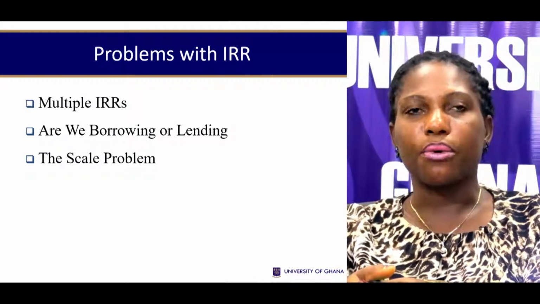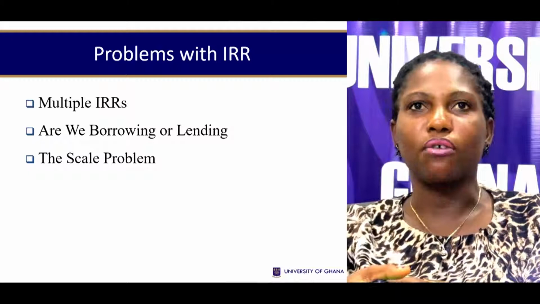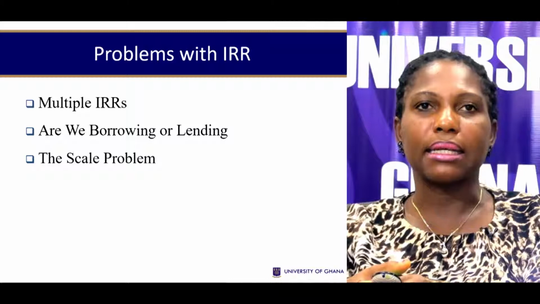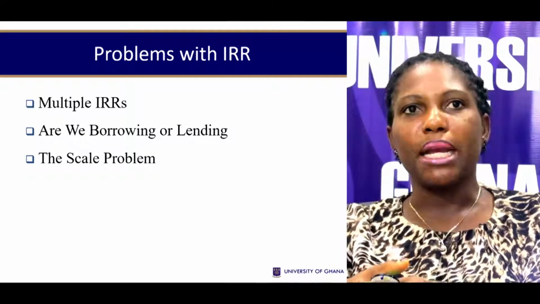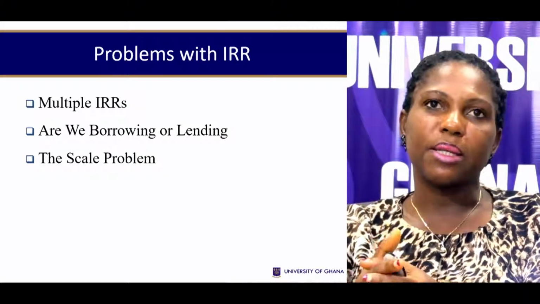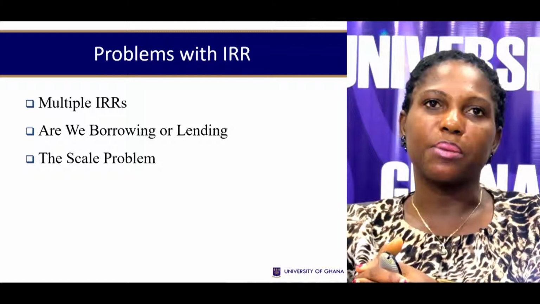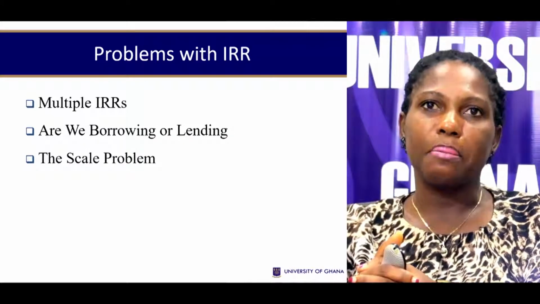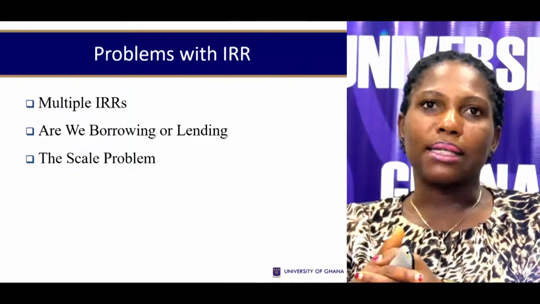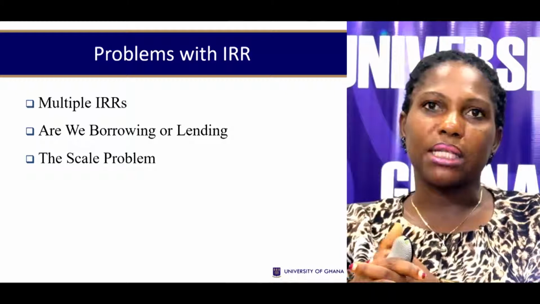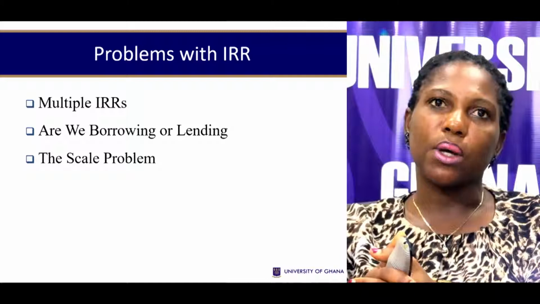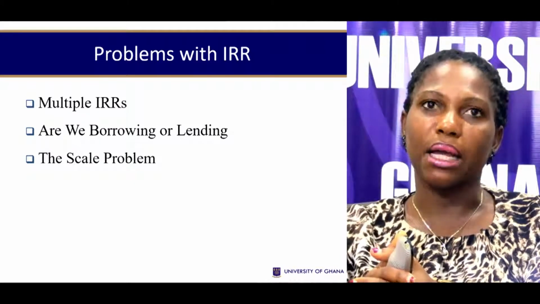And in terms of the scale problem, a peculiar example could be that you have two projects. Given the ranking criteria, IRR says to accept the one with the highest rate. But if you have an investment that requires 1,000 USD and another that requires 1 million USD, and you are not constrained by capital, would you accept a 1,000 investment that returns 50%, or a 1 million investment that returns 20% over its entire economic life?